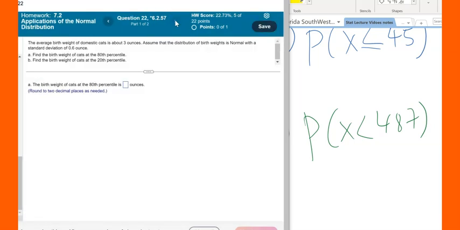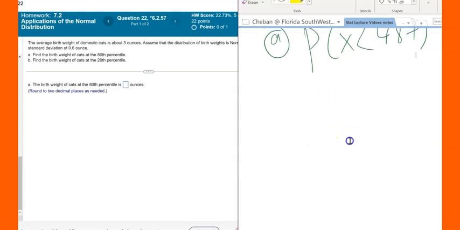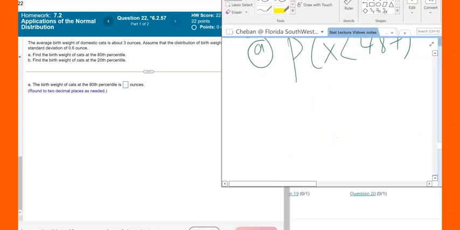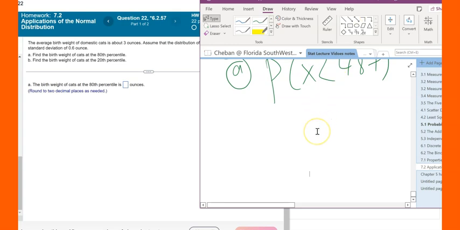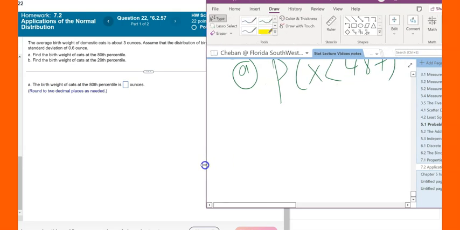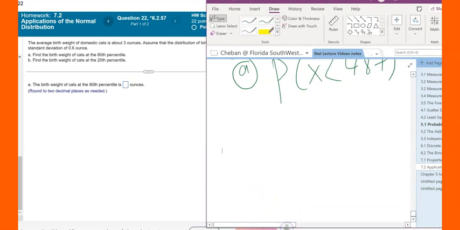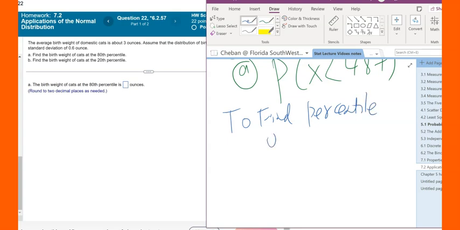Okay, question number 22. This is similar. I did percentile questions. Here, to find the percentile, use inv norm. To find percentile, use inv norm.